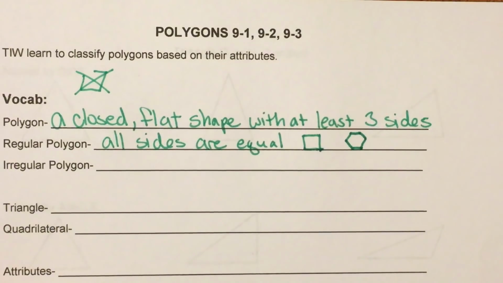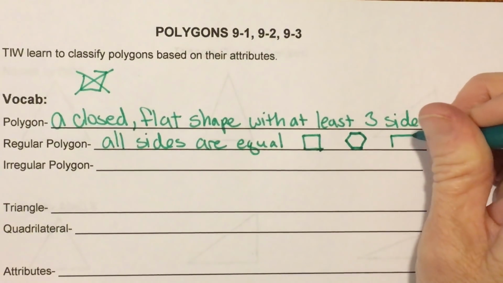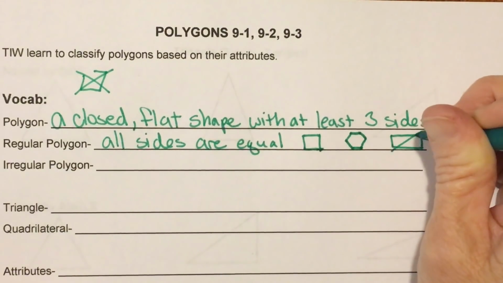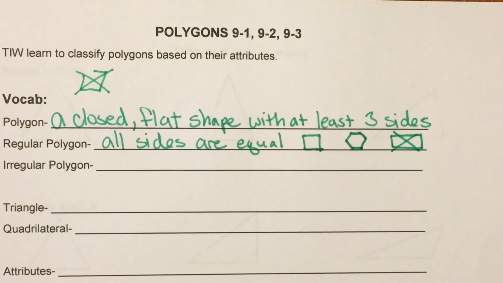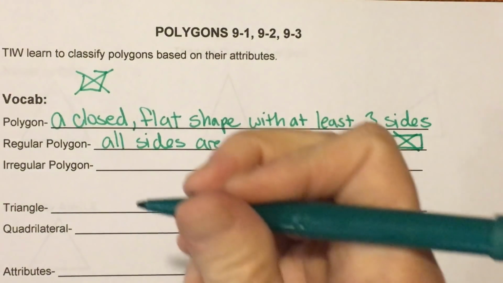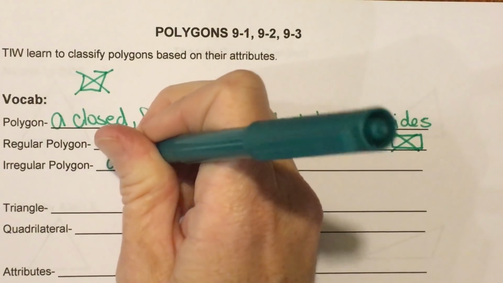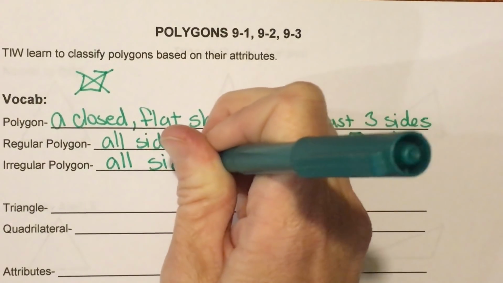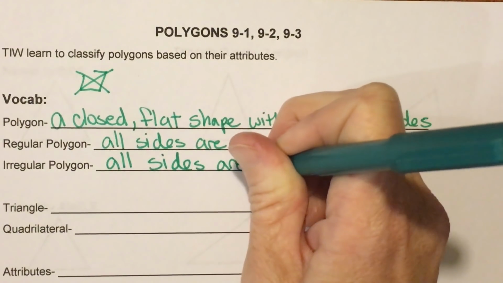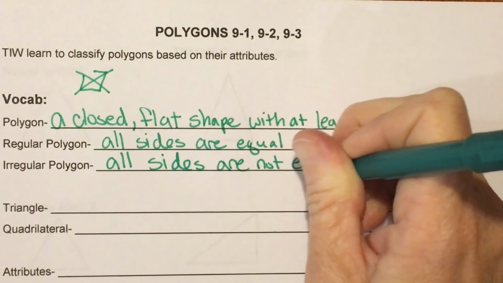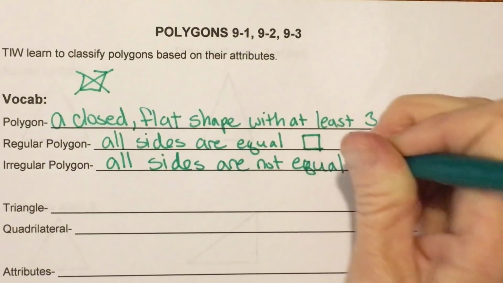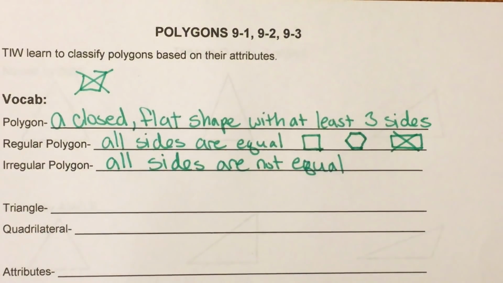That would be a good example of one. What would not be an example of one would be a rectangle. That is not considered a regular polygon. Okay, an irregular polygon then just means that all sides are not equal. And actually most shapes are irregular.